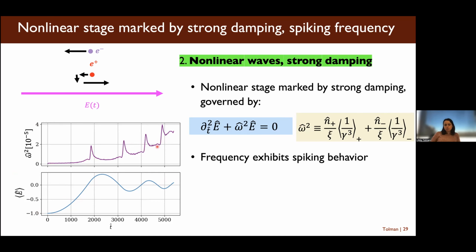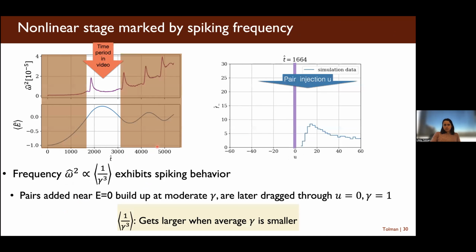The first thing you should notice about this purple line is that it's got these huge spikes in it. That's the most notable aspect of its behavior. These spikes are clearly important to the overall damping that occurs. So let's try to understand why this spiking occurs and how it might affect the electric field evolution.